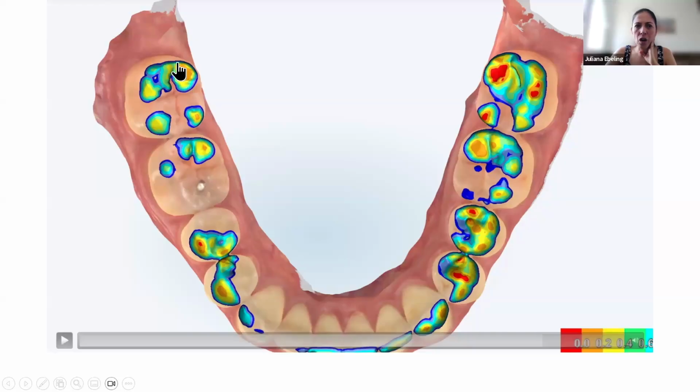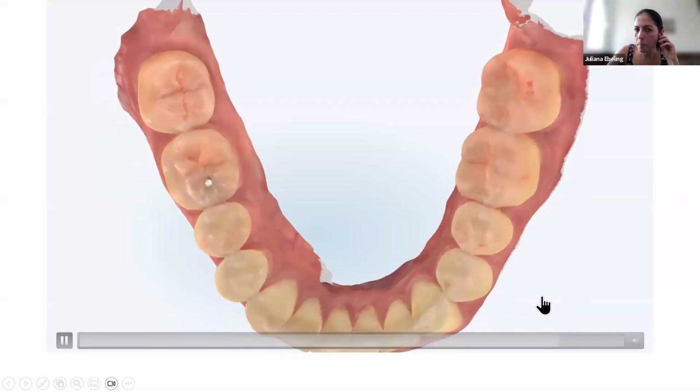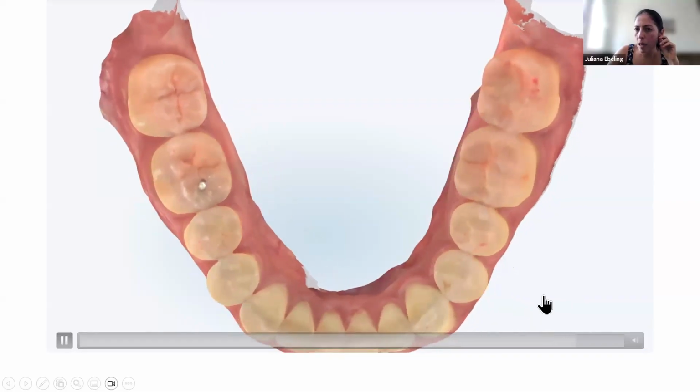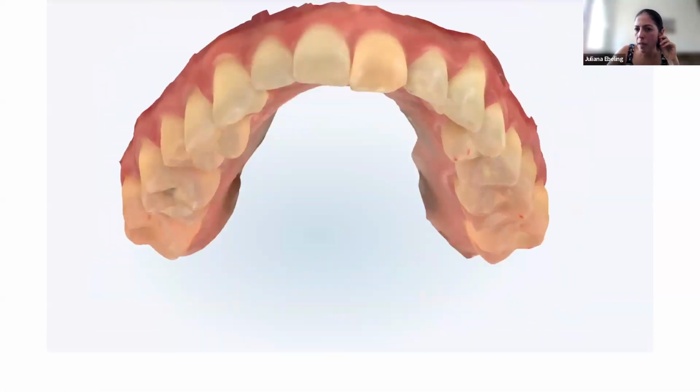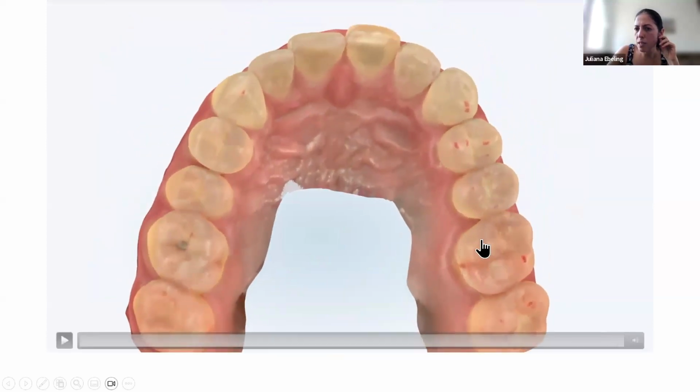The others are not considered because they have more than 200 microns. So I have a very, very poor contact distribution. Look, I have no contacts here. These contacts are not well distributed.